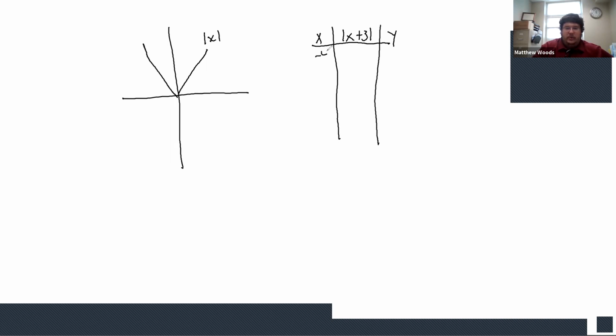So I'm going to do -4, -3, -2, -1, 0, 1, 2, 3, 4. Since I'm expecting 3 to be the important point here, I'm going to go on multiple sides on both sides of 3. And I just realized that this is not the function. That is.